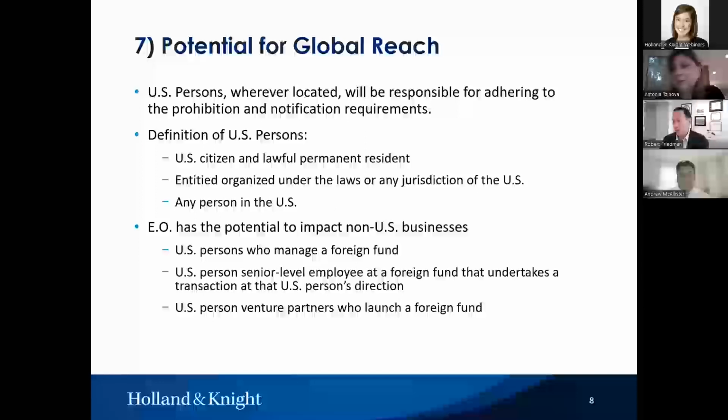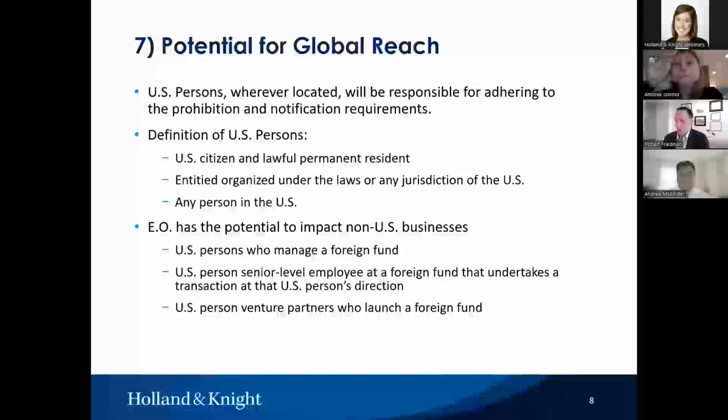There's also another example of a likely permissible activity, and that would be a U.S. person who serves on a management committee at a foreign fund, which makes an investment into a person of a country of concern that would be prohibited if the transaction was performed by a U.S. person. The distinction that is being drawn there is for someone who has a role on a management committee, and the rules go on to say that the person would need to recuse himself from a particular investment that would be a covered investment.